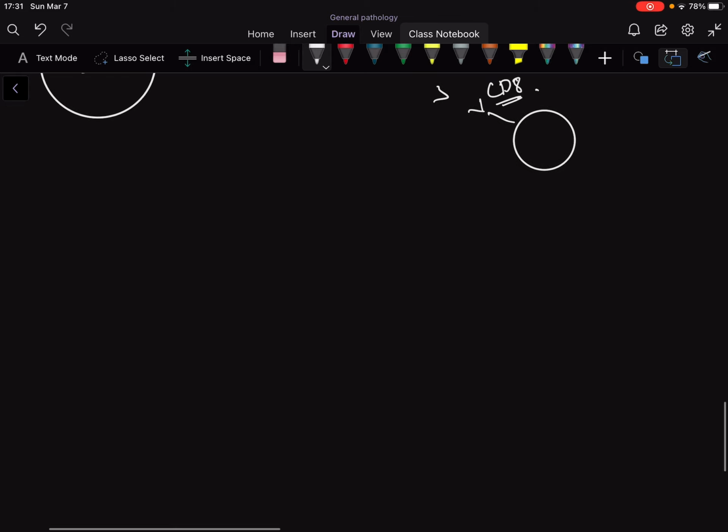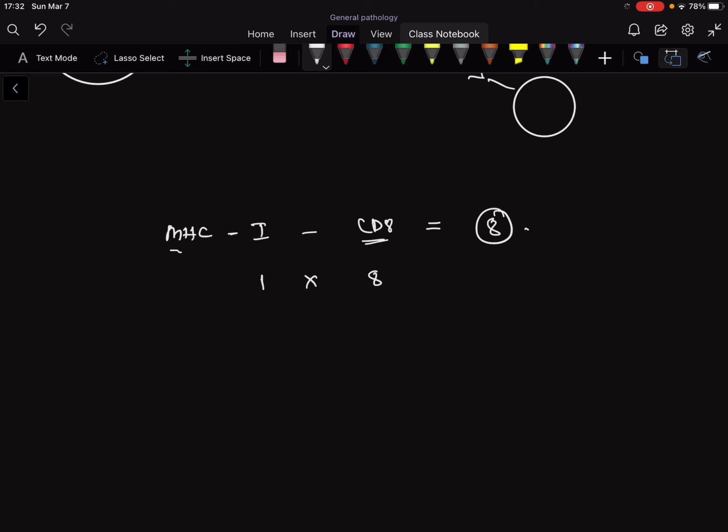So here is a mnemonic which is very famous. In order to remember this, there is a small mnemonic. Whenever MHC class 1, CD8, so 1 into 8 is equal to 8. The end number should contain 8. So MHC class 1 should react with CD8 in order to give the number 8.